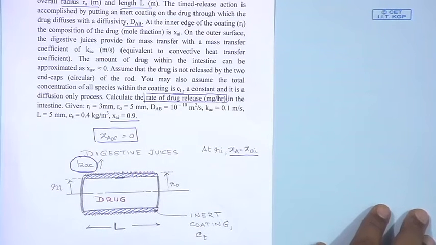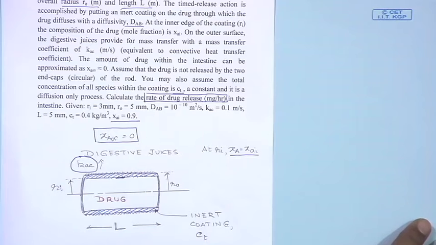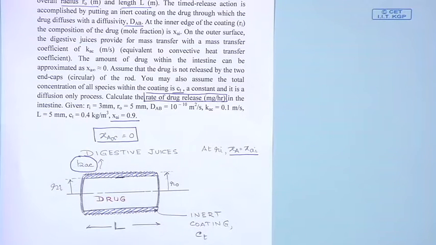So, it is a one dimensional diffusion only process, where the drug is moving only in the r direction. Therefore, the mole fraction of the drug is going to be a function of r. It is not going to be a function of length, that is z, and definitely not a function of theta. So, irrespective of the position of the shell with respect to theta, the mole fraction is going to be the same at all theta.